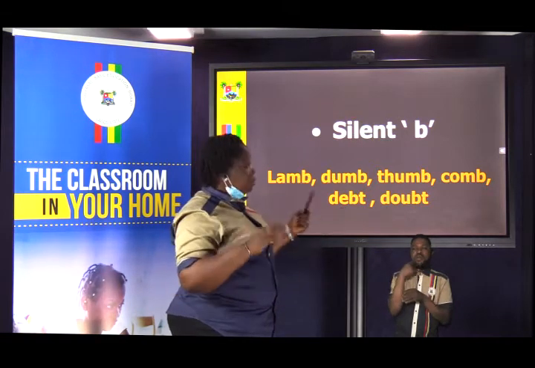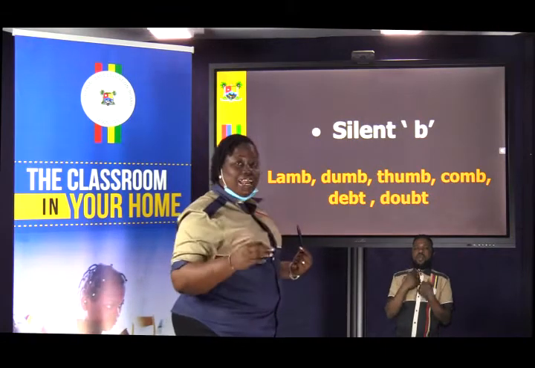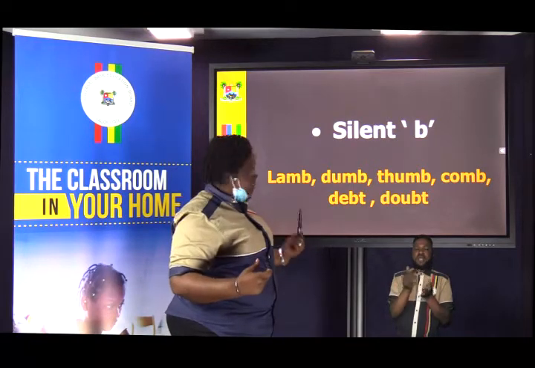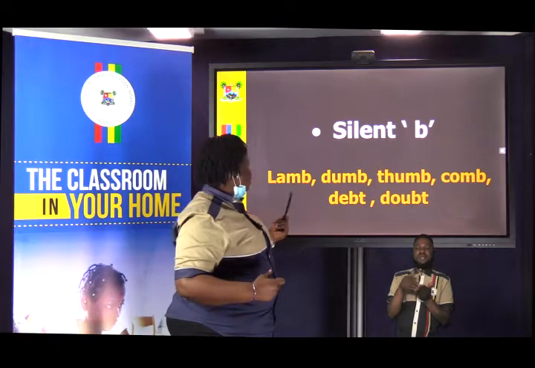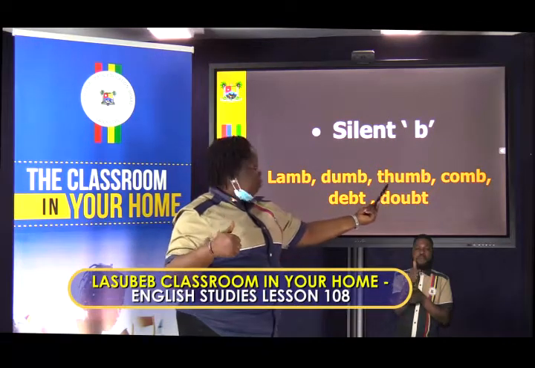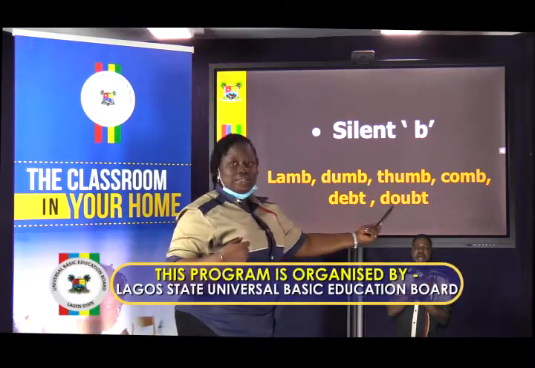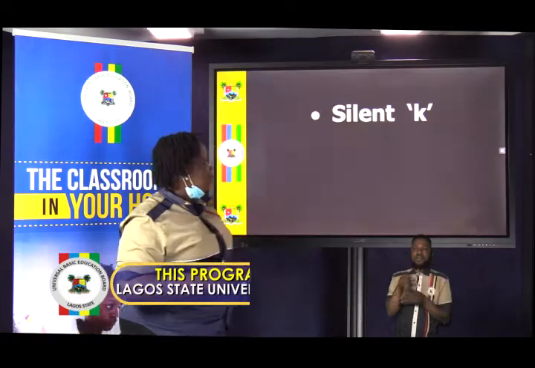You don't pronounce the B in these words. We have silent B in these words. Let's pronounce them again. Lamb. Are you sure you're pronouncing? Good. Lamb. Dumb. Thumb. Comb. Death. And doubt. Good children. I am always proud of you.